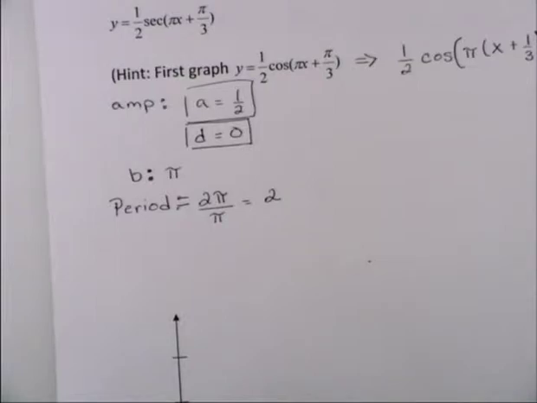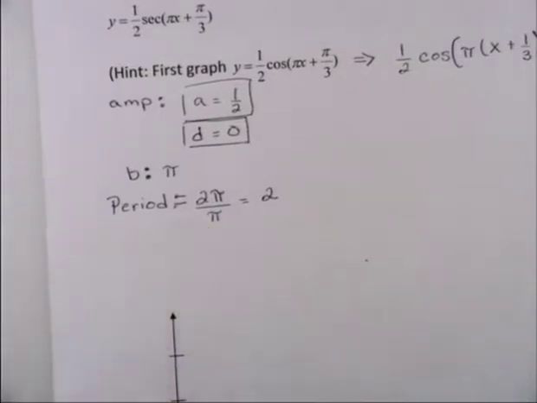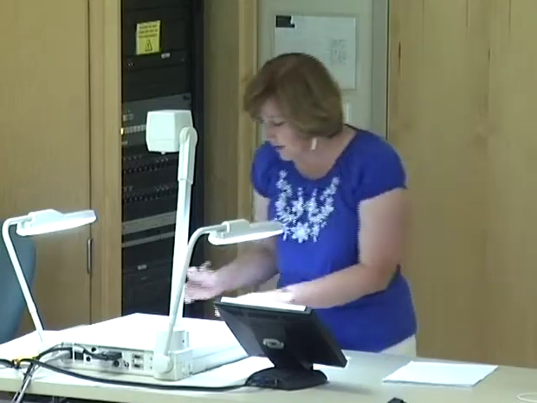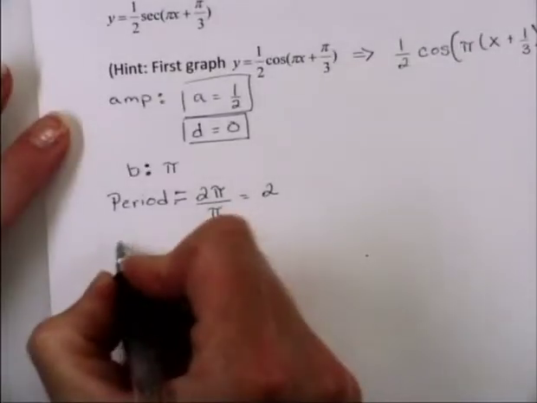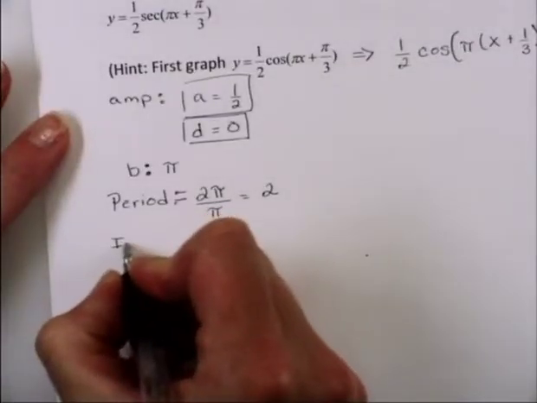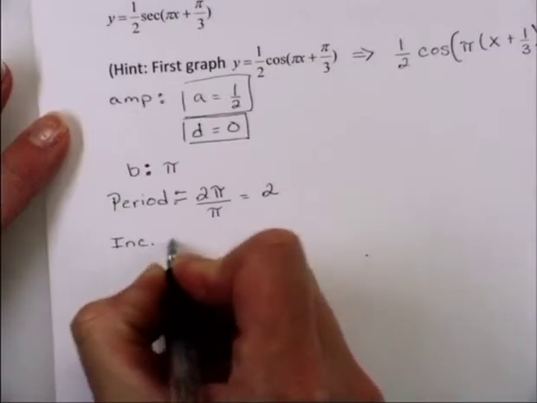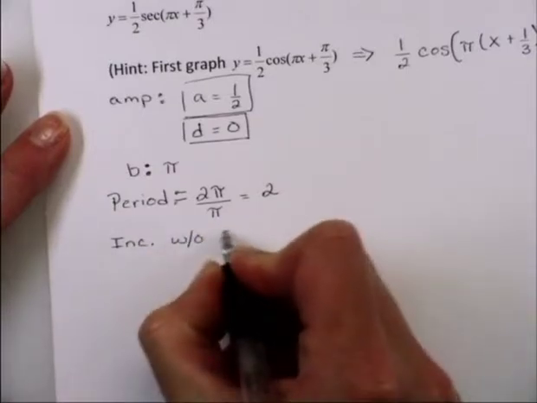Now, what I like to do once I get this part of my information, before I bother with the phase shift, is figure out those increments that we're going up with on the graph without the shift first, by just taking a look at our period and dividing it up into fourths. So we're going to do our increments without a shift.